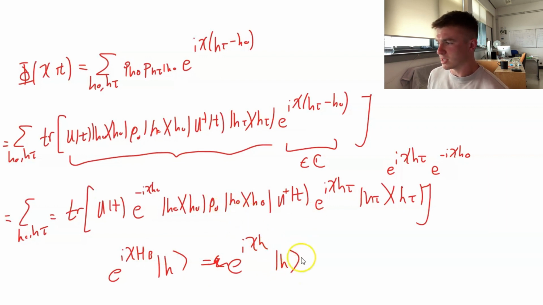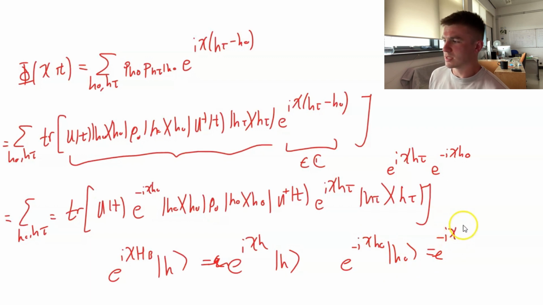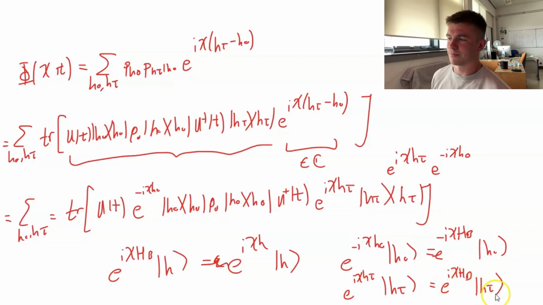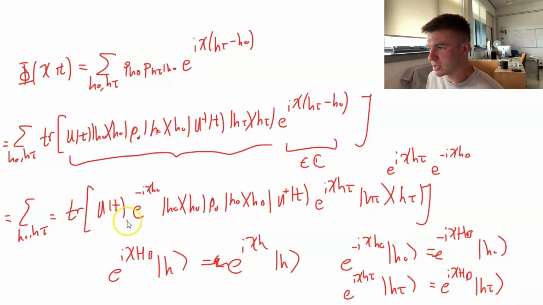So what that means is that I can rewrite e^{−iχH_0} as e^{−iχH_B} times H_0. And similarly with e^{iχH_τ} times H_τ, I rewrite this as e^{iχH_B} H_τ. So that's what I'm going to do right here and right here.